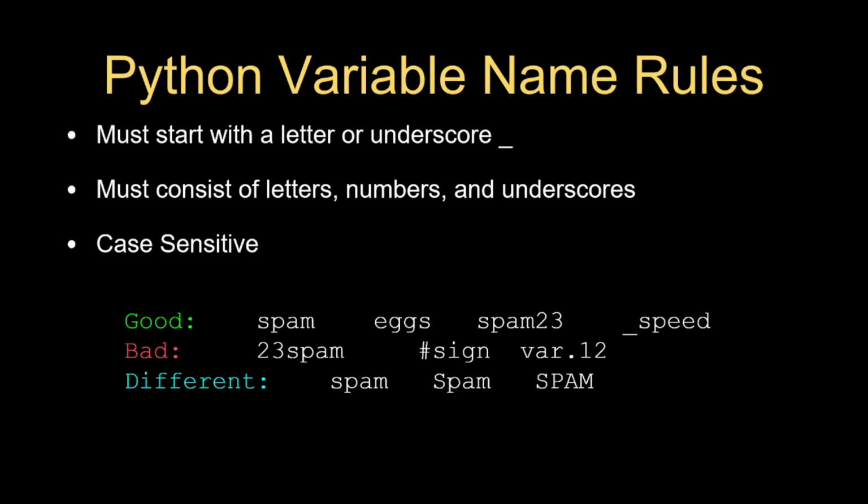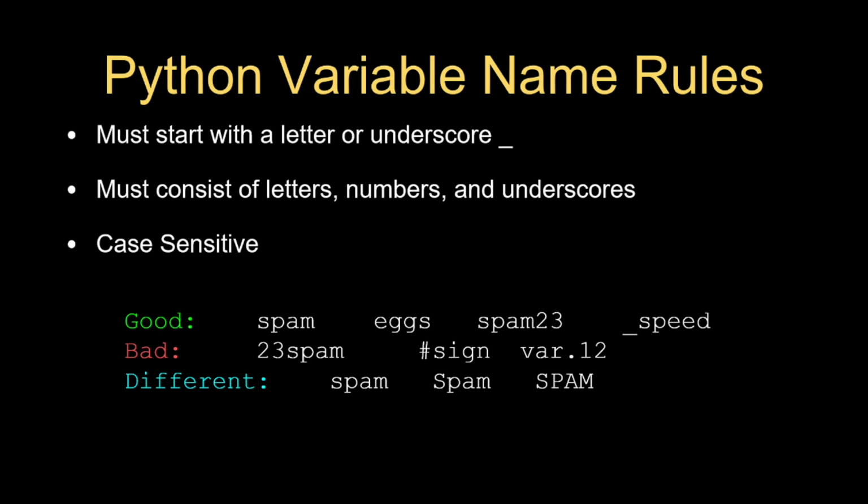Okay, so Python variable name rules. Remember that I have told you that you could name your variable any way you want except for the reserved words. Now that's not entirely true because there is a certain specification. Okay, so a variable name could start with a letter or an underscore, but normally you do not use underscore as a starting character because there are other specifics in Python that sometimes would result in unwanted behavior.